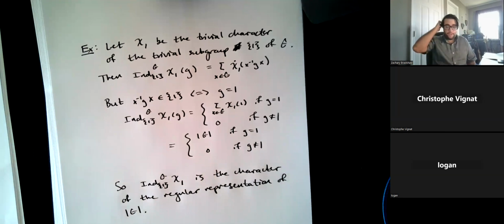Remember, the regular representation is one we learned about last time. That came from the group action of left multiplication, and the permutation representation associated to that group action was called the regular representation. And we found out that the regular representation is, I think, never irreducible.